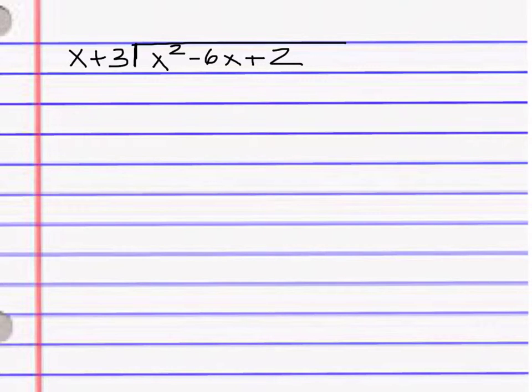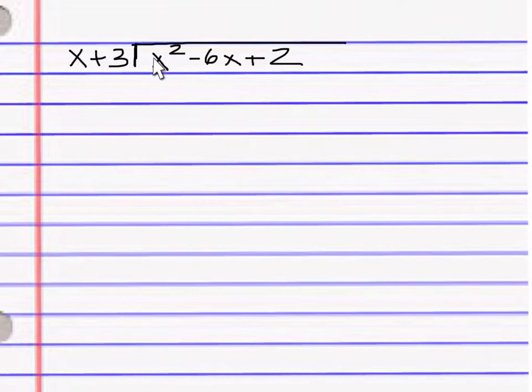Here's the next example. You're going to divide a polynomial by a binomial. And this is not very difficult. Your first step will be to look at the first term in this expression, x, and think, what do I have to multiply x by to get x squared? Times x.